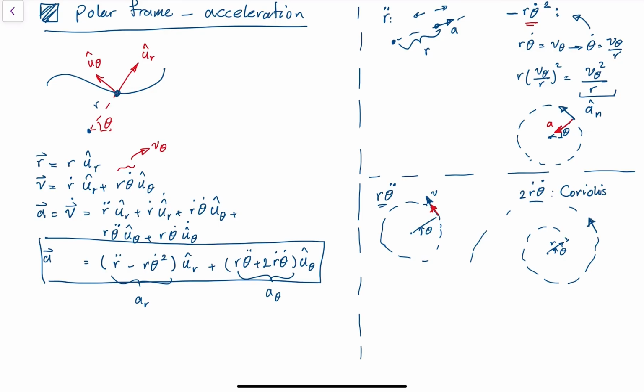The perimeter of your imaginary circle is increasing, meaning that your speed must increase. So that also means there is some component of acceleration in that transverse direction that can lead to this increase in speed.